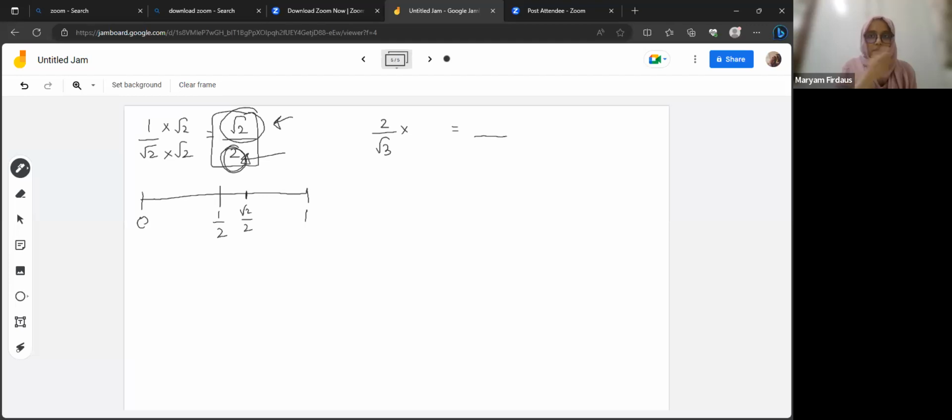Yes, ma'am, we have to multiply the denominator on itself, both numerator and denominator. So we will multiply it with root 3 by root 3. So what will the numerator become? 2 root 3. The numerator will become 2 root 3, and the denominator will become 3. So we have rationalized the denominator.